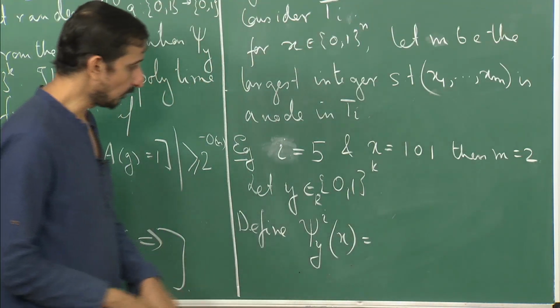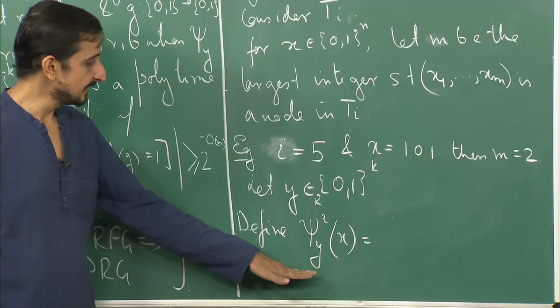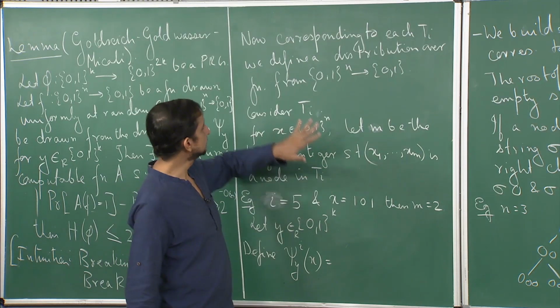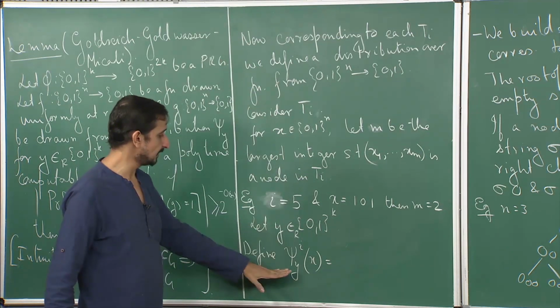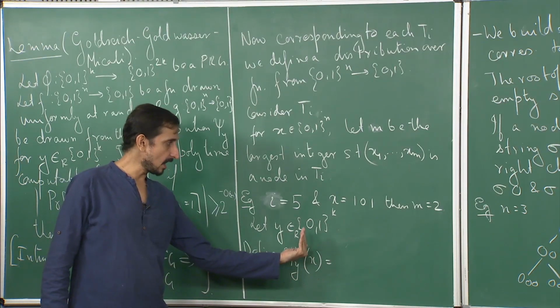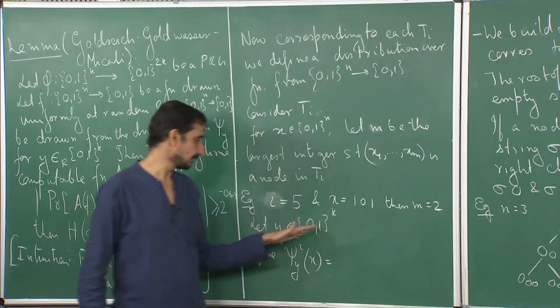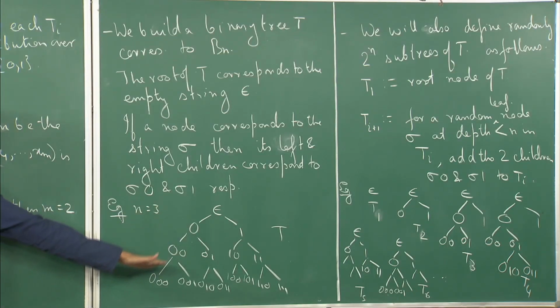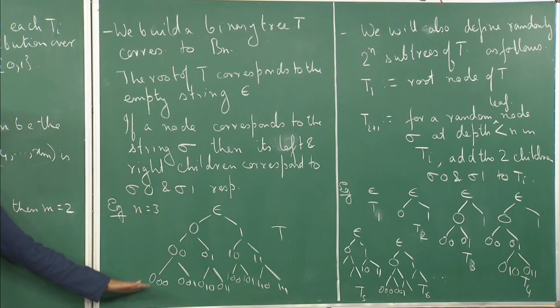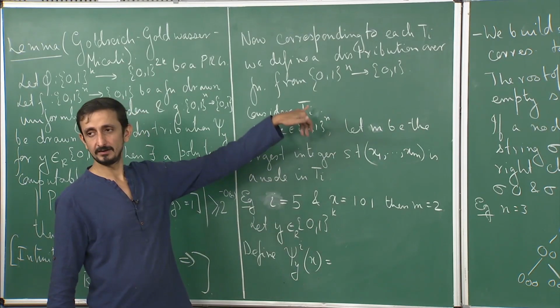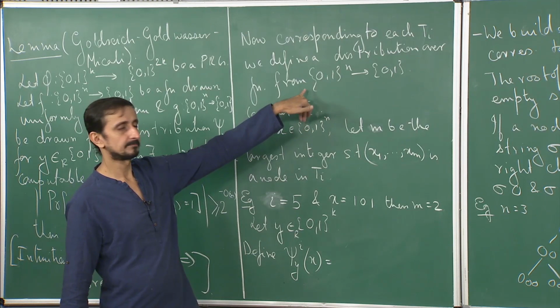So essentially what this function will be is, okay, so I have erased it. So it will be similar to psi y, but after this x. Okay, so whatever is the common part, for that common part I will use my tree T, and after that I will basically be composing the function phi.